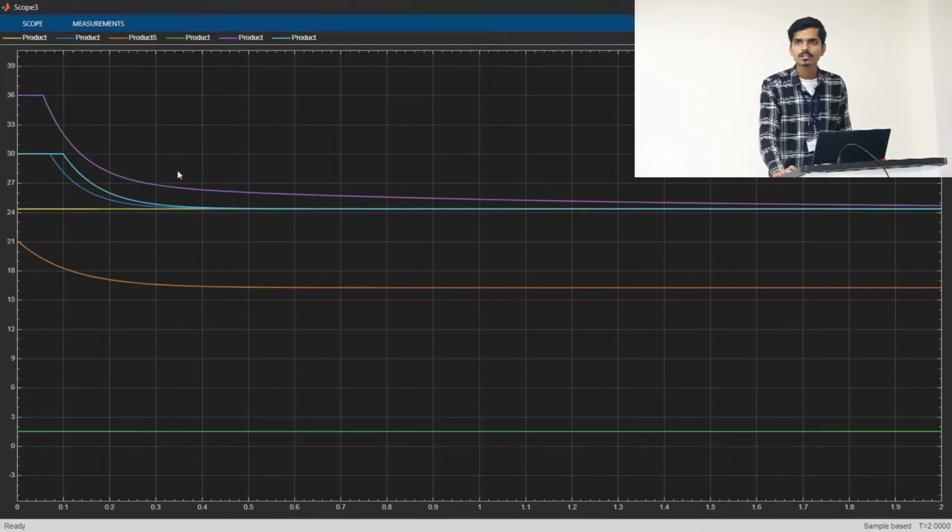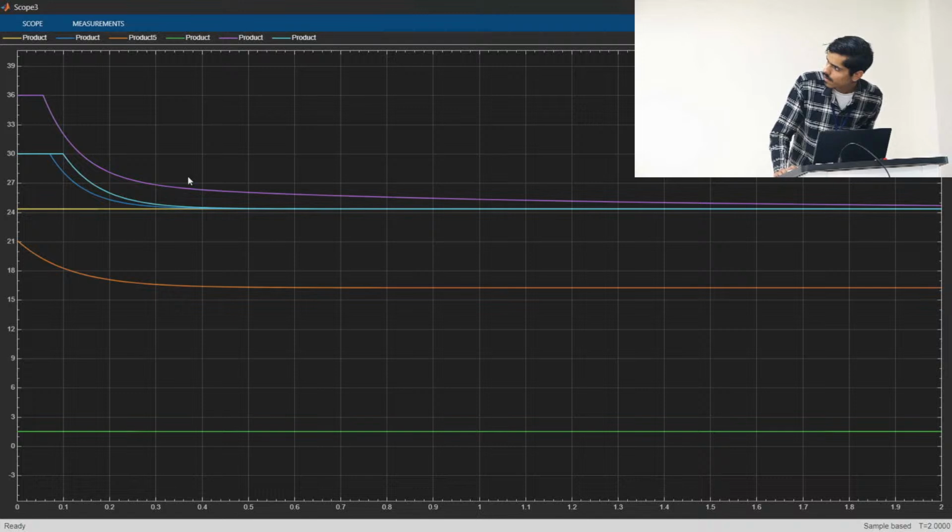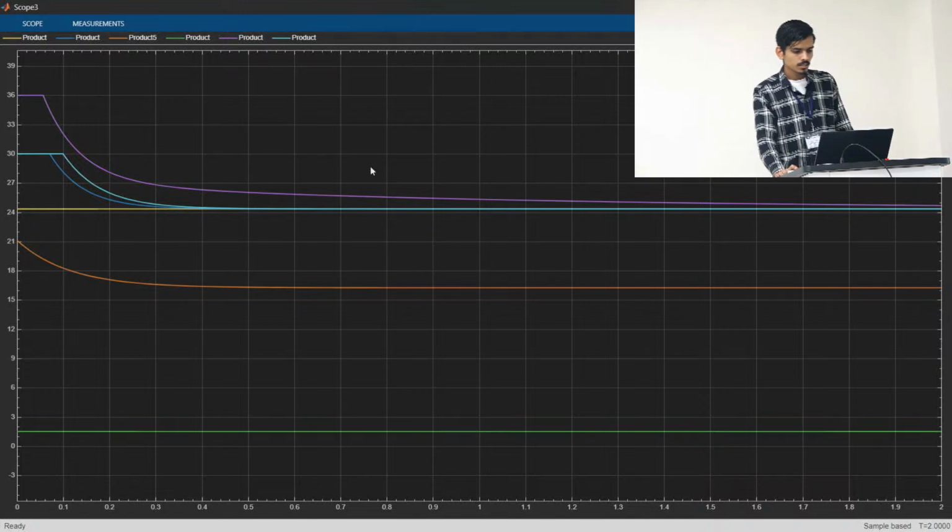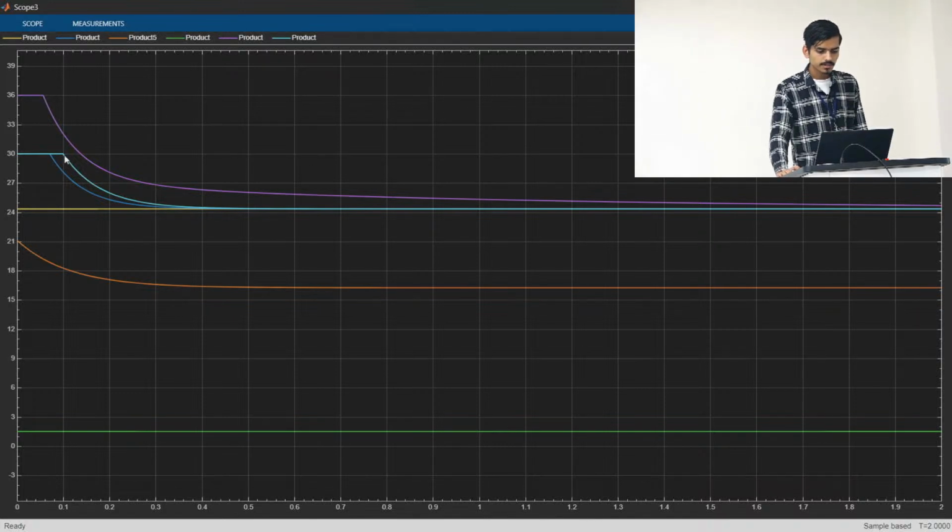Is it visible to all? So here we can see that we have different types of waveforms. These basically represent the power in each case. We can start with the yellow one. This is the static power.